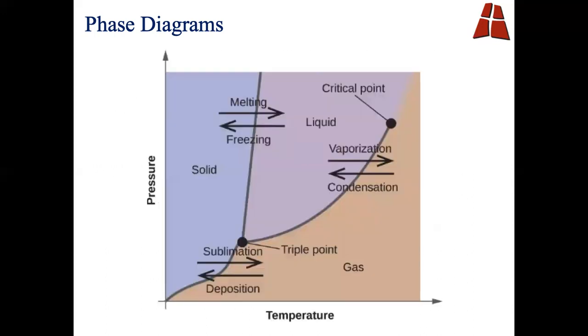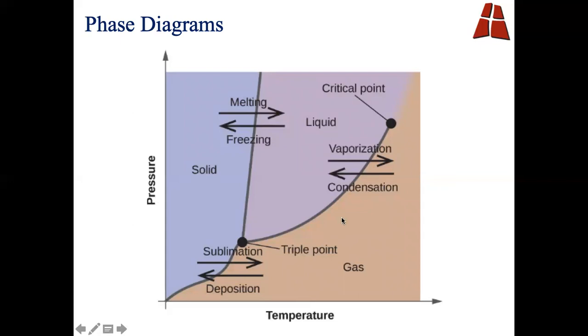Okay. So this is what one actually looks like. Pressure will be on our y-axis, temperature on our x. And then we have these different points. So anywhere you see a line, that is representative of phase transition. Anything that is at the lowest temperature, higher pressure is going to be a solid. Anything at high temperature, low pressure should be a gas.